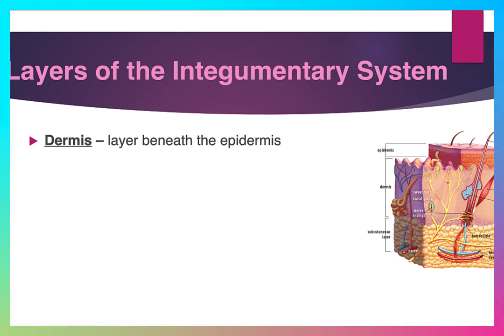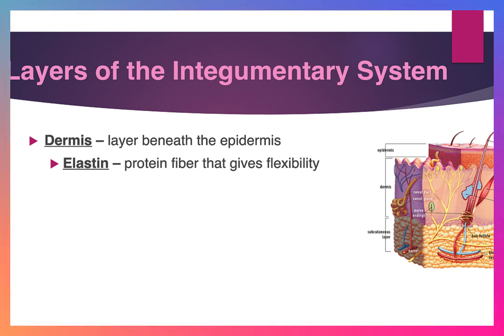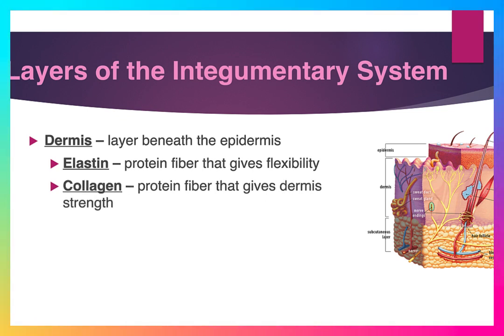It supports the epidermis and is important, and then this over here, by the way, is the sweat gland with the sweat duct. In the dermis is something called elastin, which allows the dermis to be flexible, as well as collagen fibers, which is the primary component of the dermal layer.